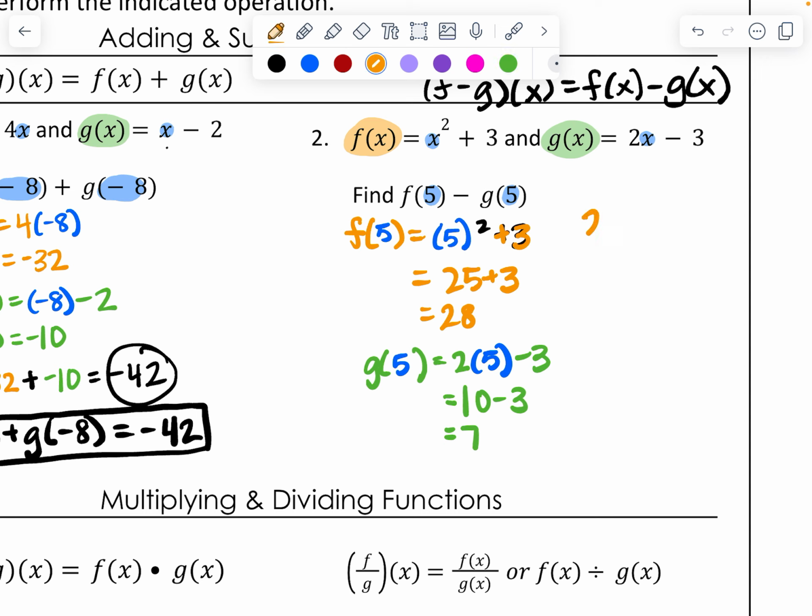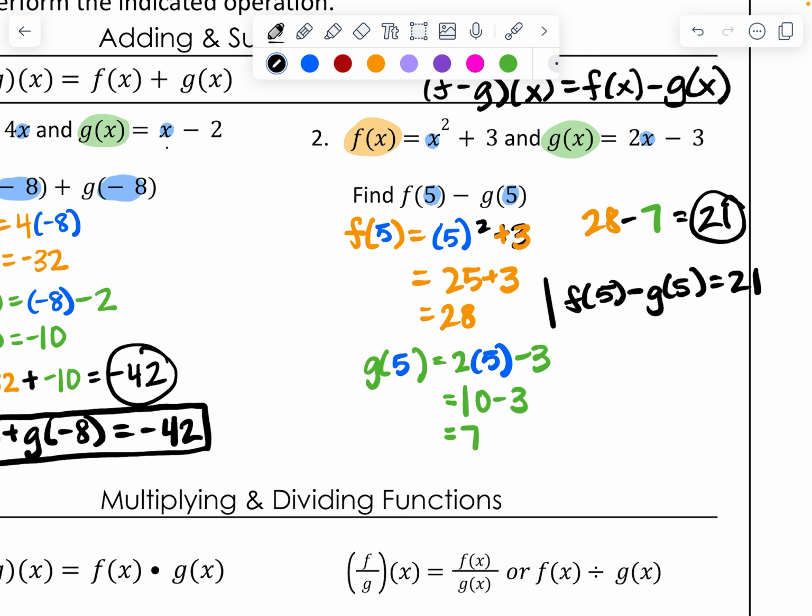So that would be 28 minus 7, which equals 21. In function notation, we would write that f of 5 minus g of 5 equals 21.